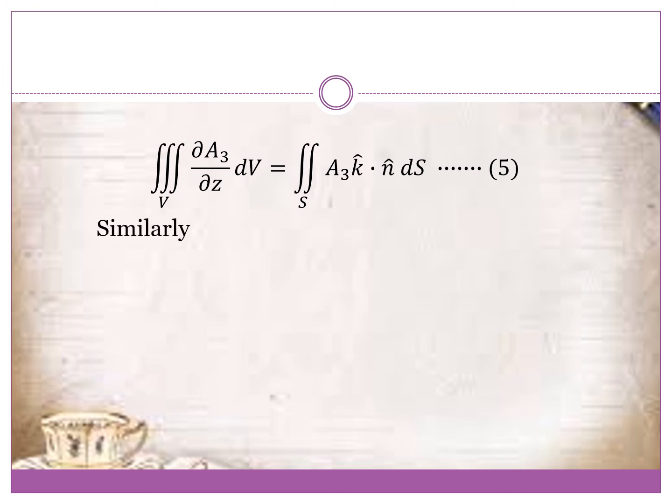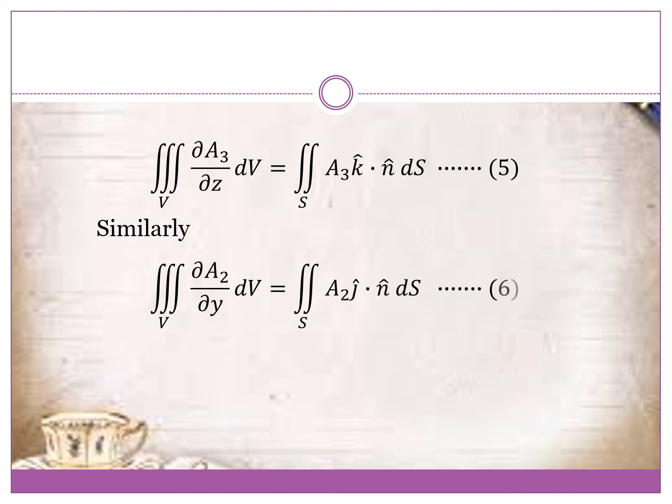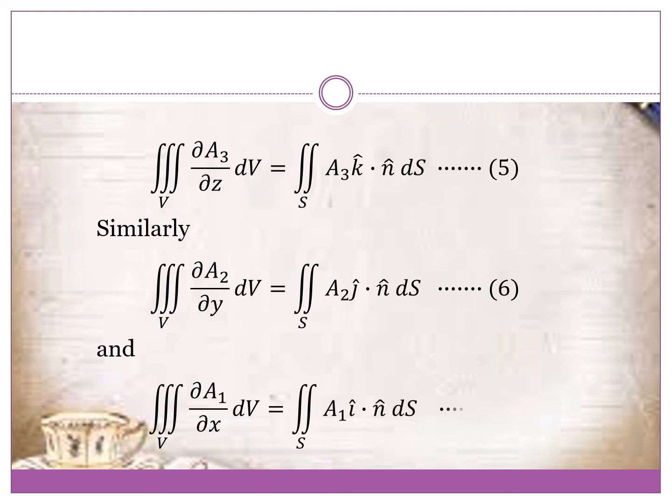Similarly, the volume integral of partial a2 by partial y dv is equal to the surface integral of a2 j dot n ds, and the volume integral of partial a1 by partial x dv is equal to the surface integral of a1 i dot n ds.